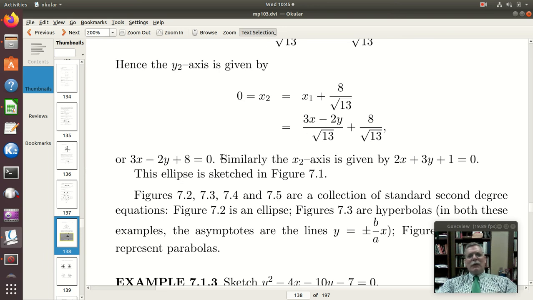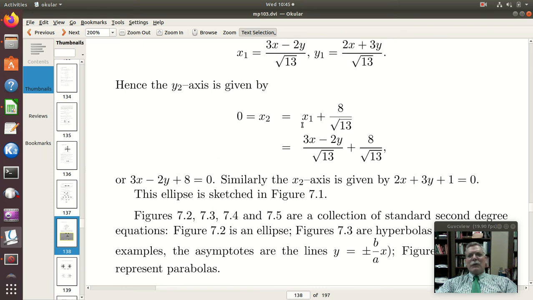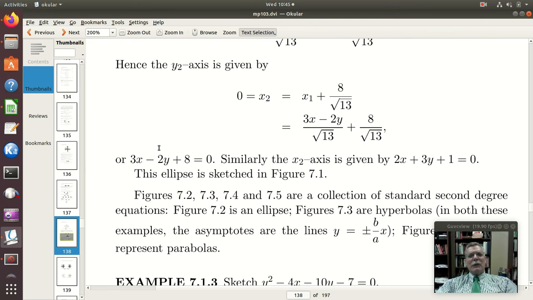So notice they say that they have this x1 axis, and the y1 axis, I'm sorry, I was looking at the x's and y's here, but yeah, they're going with the y2 axis.